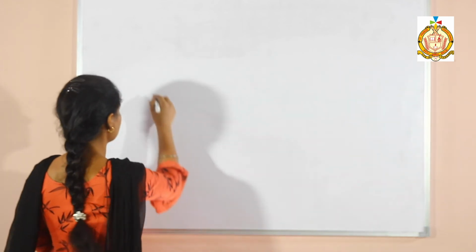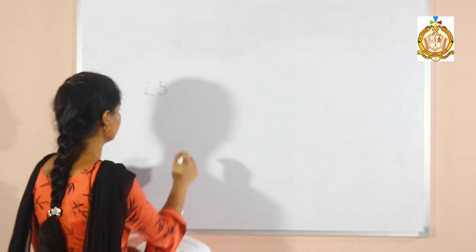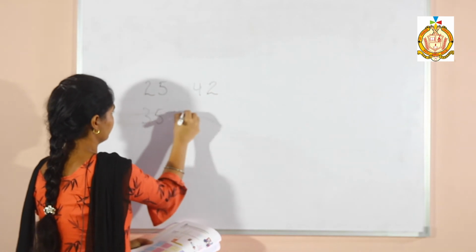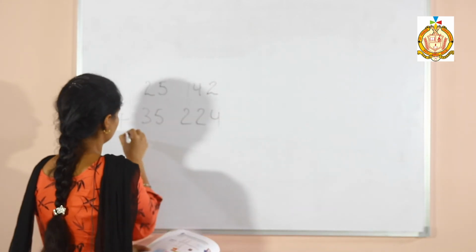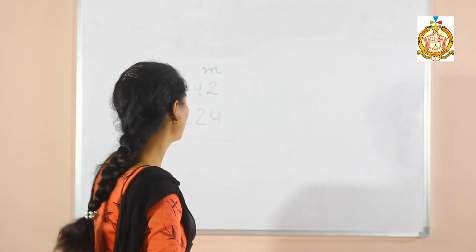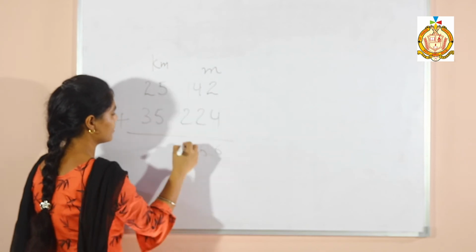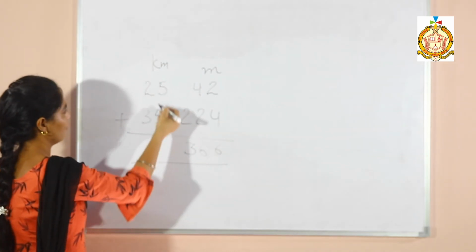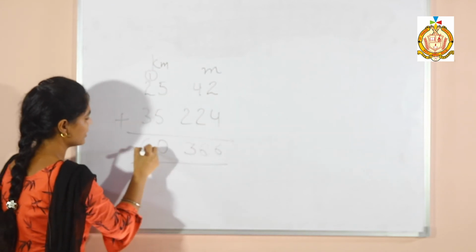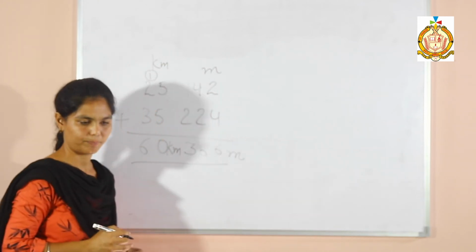Our first example is: 4 plus 2, 6. 2 plus 1, 3. 5 plus 5, 10, 1 carry. 3 plus 2, 5, plus 1, 6. 60 kilometer, 366 meters.